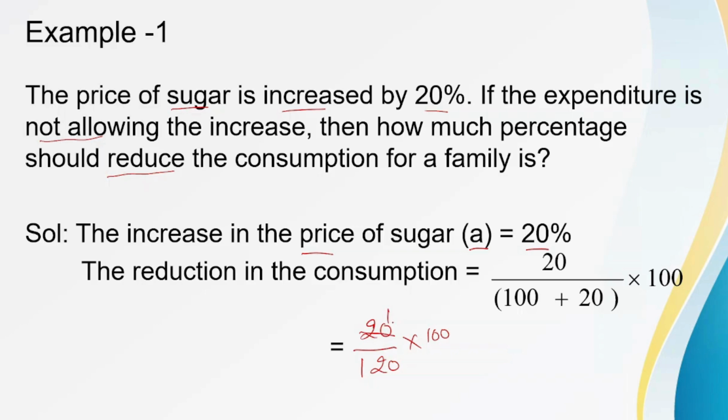So 2 ones are 2, 2 sixes are 12, so 1 by 6, which means 16 2 by 3%, because 1 by 6 is converted in terms of percentage as 16 2 by 3%. So the answer is that the consumption should be reduced by 16 2 by 3%.